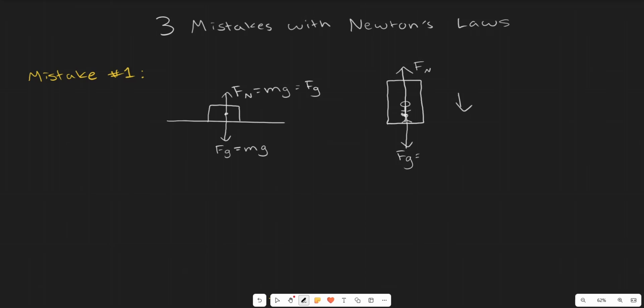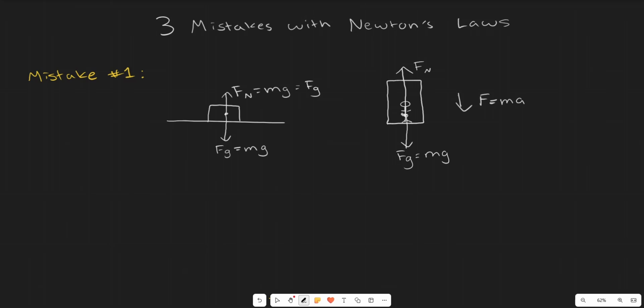We know the force of gravity is given by the formula mg, mass times the acceleration due to gravity. And let's say that the force that the elevator is moving down with is F, which is equal to ma, which we know by Newton's second law.